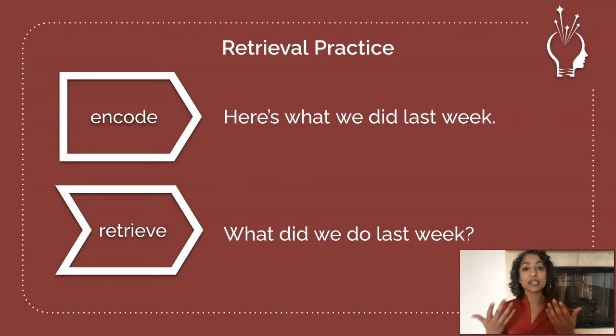So instead of focusing on reviewing, we're just switching to retrieving by asking students that question. They could write down a quick thought or idea, really engaging again in that mental struggle, what we also call a desirable difficulty to retrieve what they've learned.